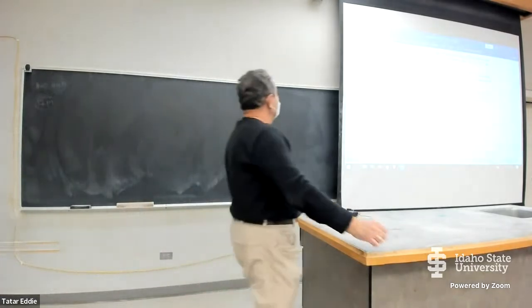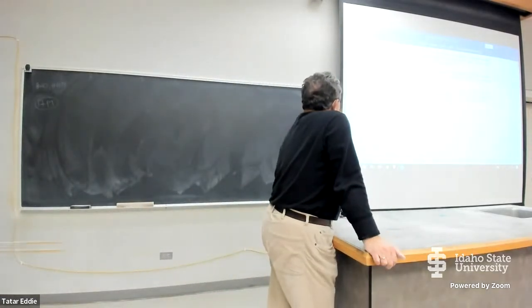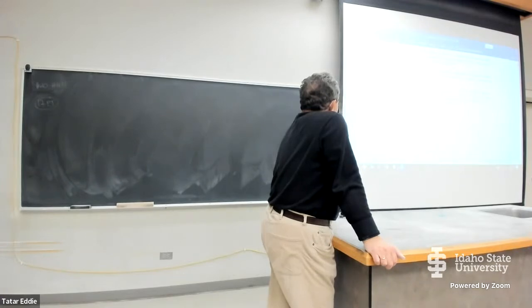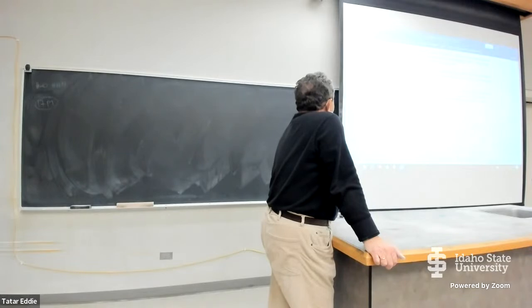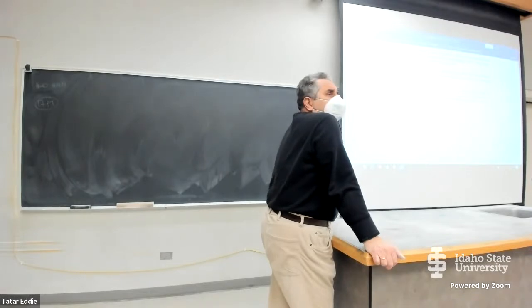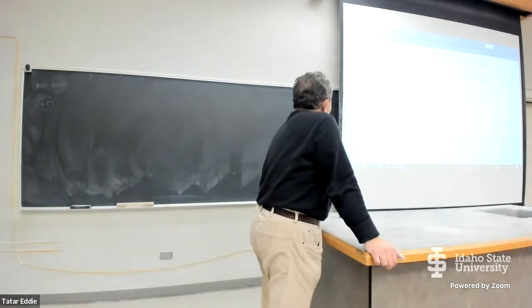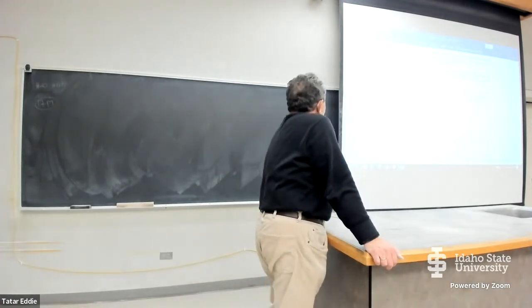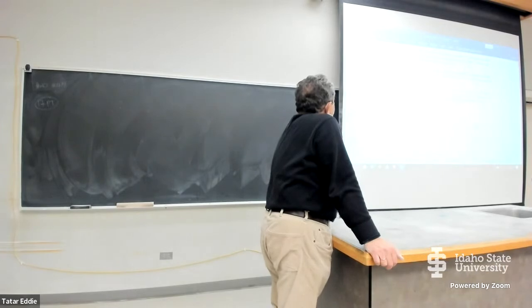You have light bulbs connected in parallel, 120 volts. Is it a battery or is it AC? Doesn't matter here, I guess. They say that each bulb dissipates an average power of 60 watts.